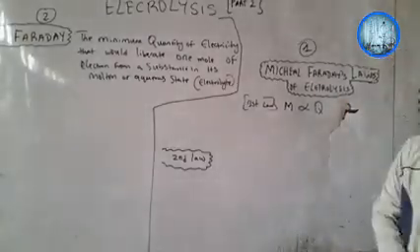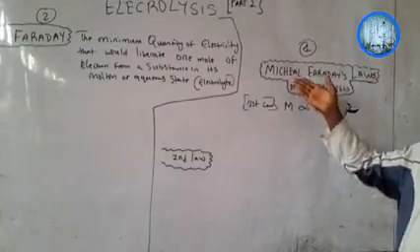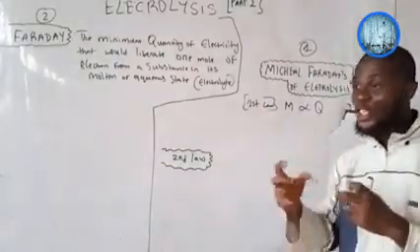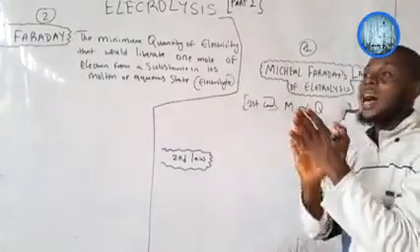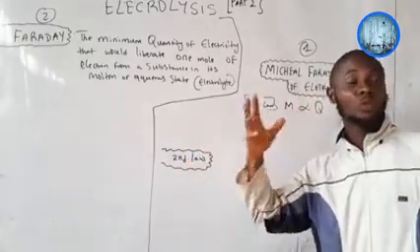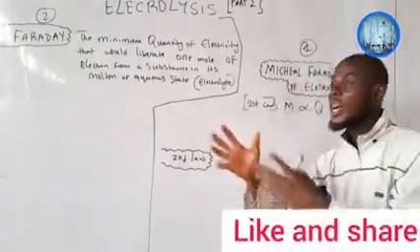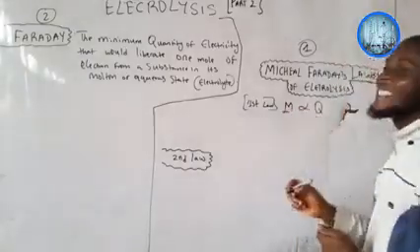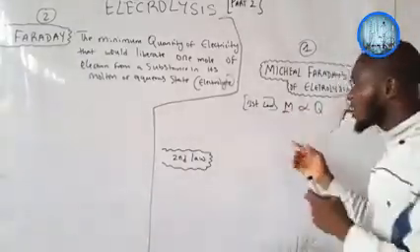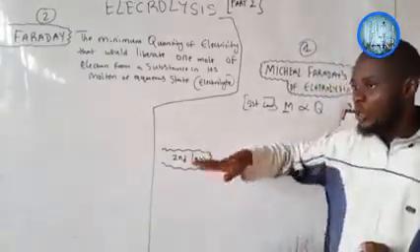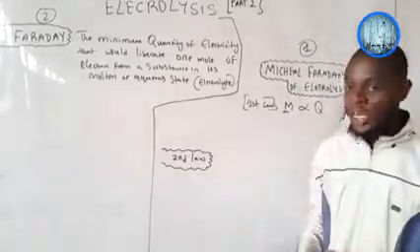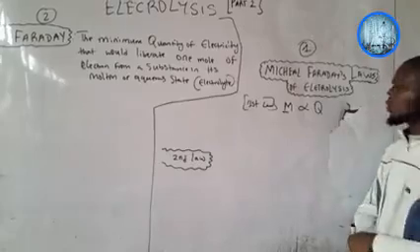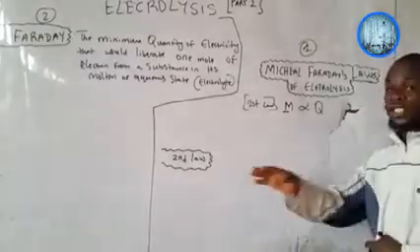The first law of Faraday's law of electrolysis states that the mass of the substance that is deposited or discharged at the electrodes during the electrolytic process is directly proportional to the quantity of electricity passing through the electrolyte.